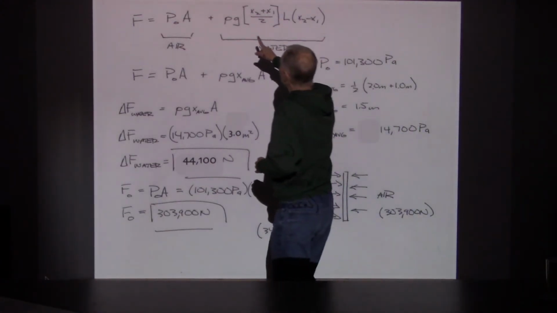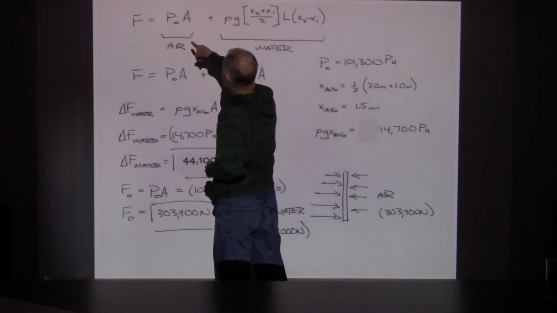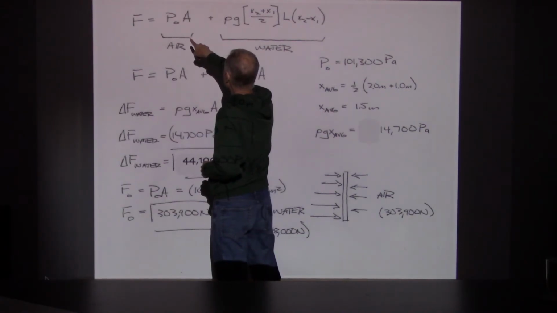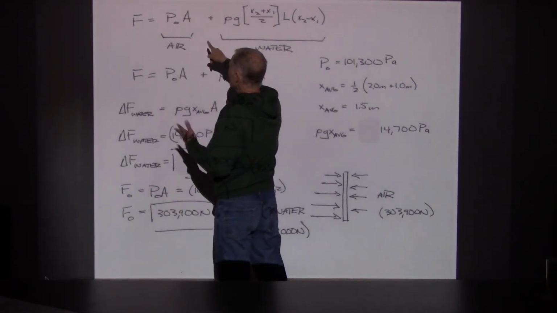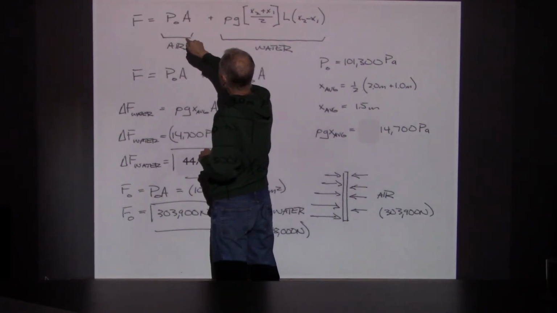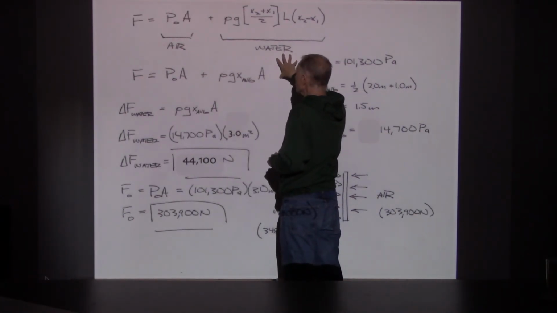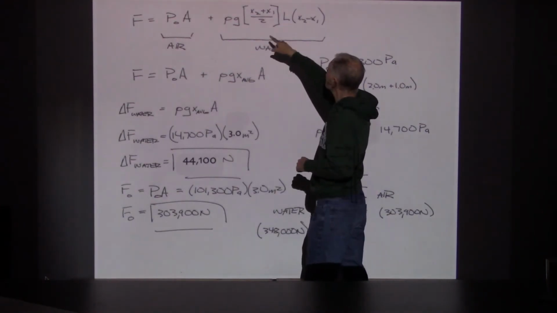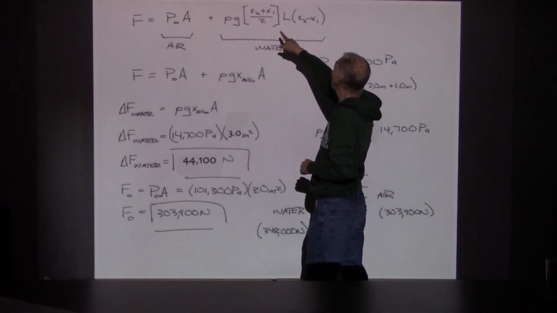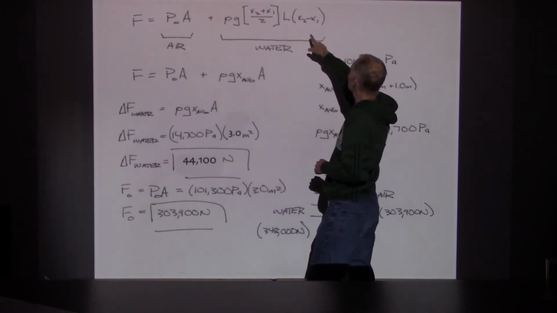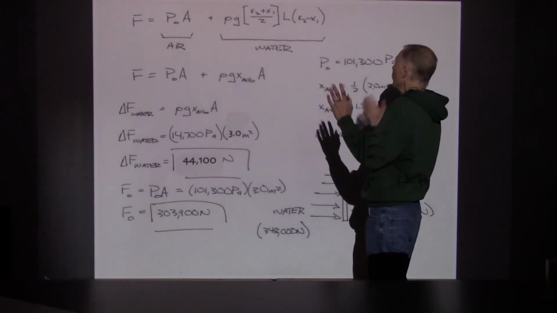Okay, so well, let's see what we get. So the air pressure, it turns out, could be written as atmospheric pressure times, or the force, not the pressure, but the force. Atmospheric pressure times area. The additional force due to the presence of the water is given by rho g, x2 plus x1 over 2 times L, x2 minus x1.